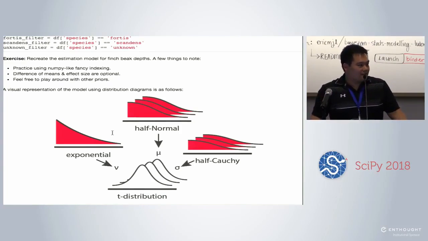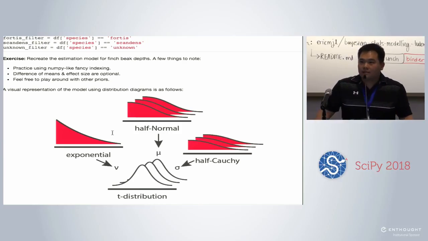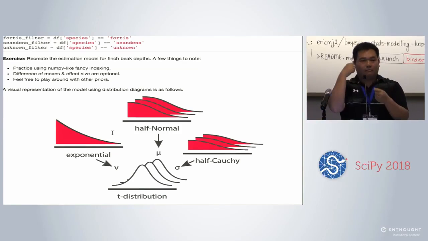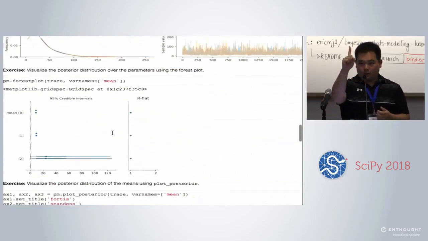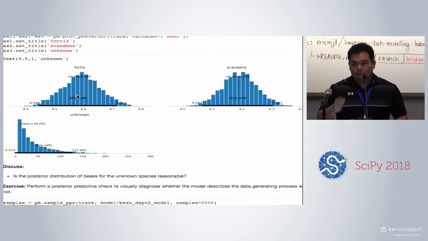If you were a frequentist, you couldn't make any statements about the uncertainty surrounding that species, say finch beak length or finch beak depth, right? With only one sample, you couldn't make any statements about that. With a Bayesian approach, I just want to put this out there, you can still get absurd estimates of the posterior distribution.